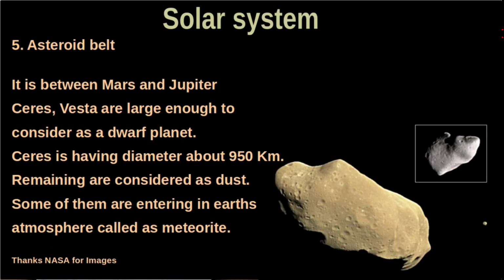Now we are again focusing on planet categories. There is another category called inner planets and outer planets. Beyond Mars, there is a belt called the asteroid belt. Don't consider belt to mean something like what we wear. It is a region where you can observe many stones. That is called the asteroid belt.